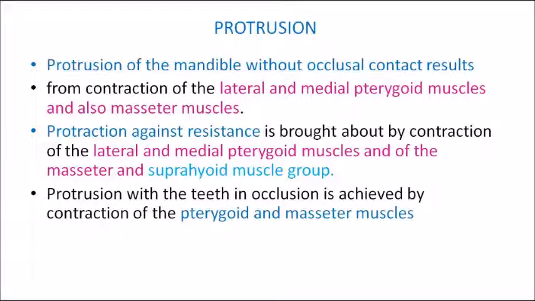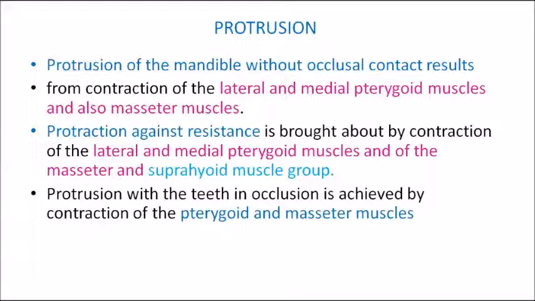Then protrusion of the mandible with teeth in occlusion is achieved by the contraction of the pterygoid and masseter muscles. So always remember that protrusion is associated with all the major muscles of mastication except temporalis.